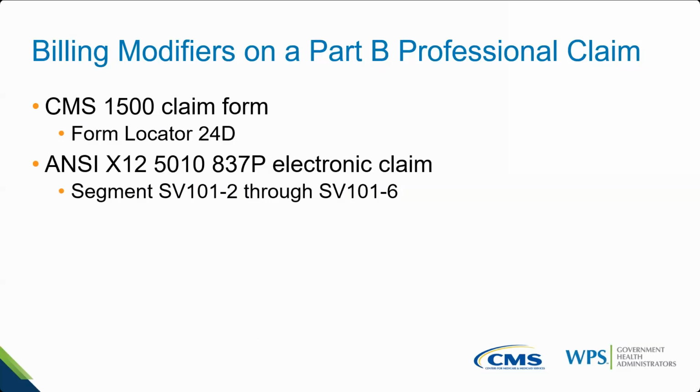I do need to make a clarification here where it says in the electronic claim segment SV101-2. That's actually the spot where you put the procedure code, and 3 through 6 are the 4 spots for the modifier. So I just wanted to clarify that with how that looks on the slide.